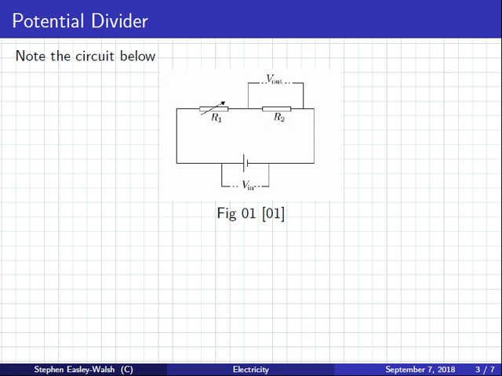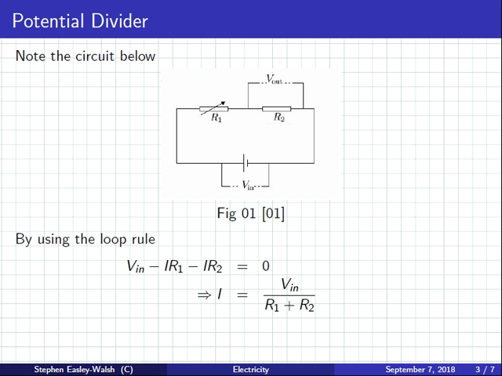So, we'll start off by using the loop rule. If I use the loop rule, I get V in minus I R1 minus I R2 equals 0. Okie dokie? So I can rearrange this, take this to the right.